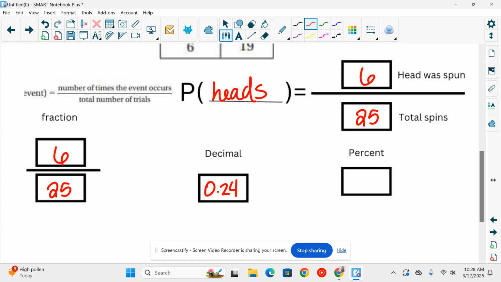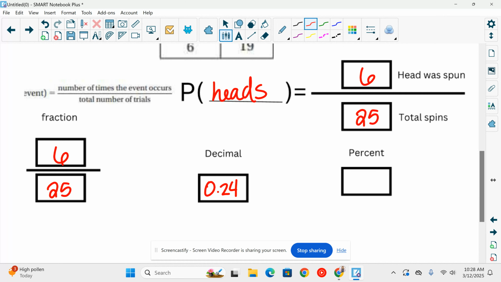Also, what else could you do? How do I get 6/25 to 0.24? I just want to know how you do that. What's the process? So somebody said put it in as a fraction, you can hit the double arrows. Good. And there's one more other way.